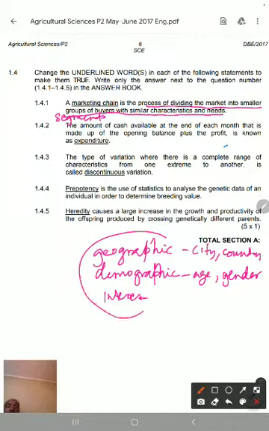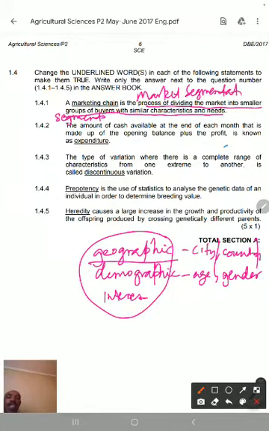All these are the different segments into which you divide your market, and we call that market segmentation, not marketing chain. You divide your group of buyers according to their characteristics. All right, let's move to 1.4.2.